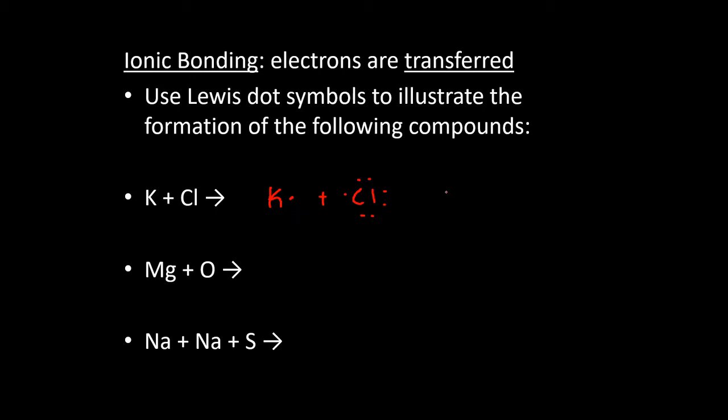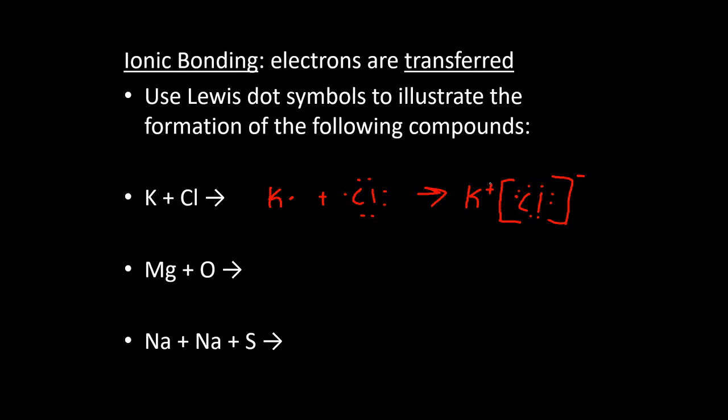And so this is written as K plus, and then square bracket chlorine with a full octet, and then a minus. So that is what the Lewis dot symbol for that ionic compound would look like.